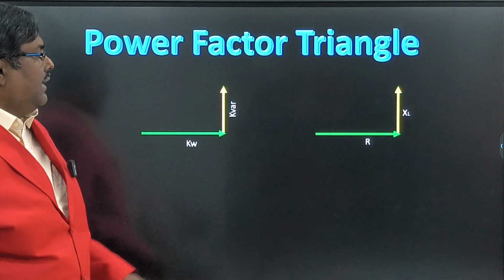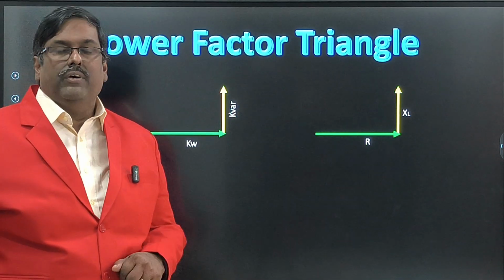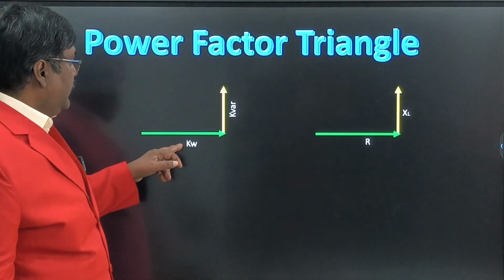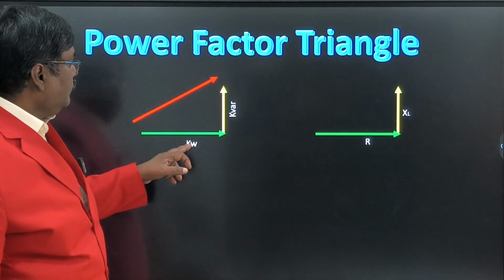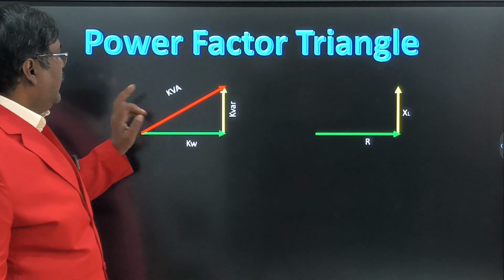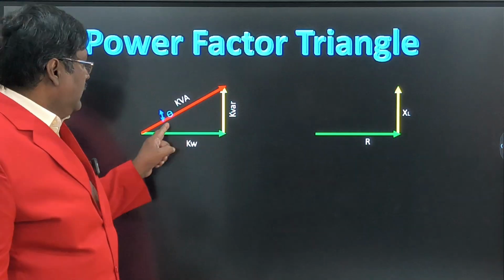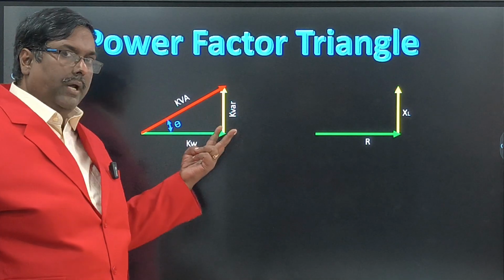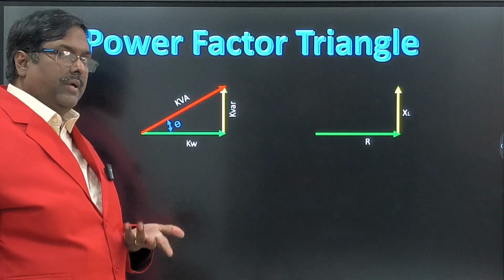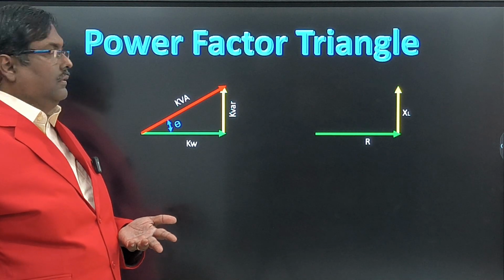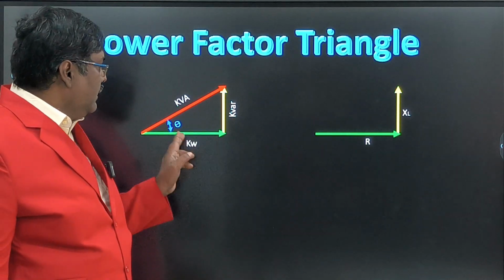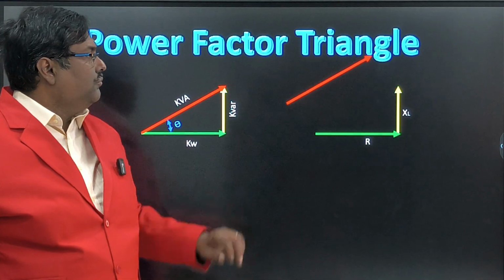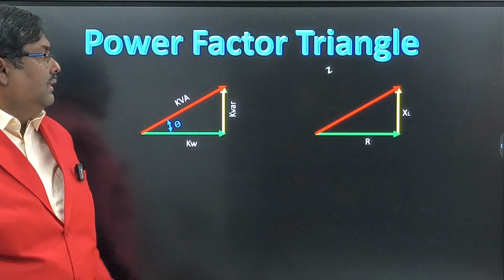Now more on the triangles. For power factor we actually use two triangles. One uses kilowatt, kVAR, kVA and the angle; with any two parameters you can calculate the remaining two. The same triangle can be used for resistance and reactance.